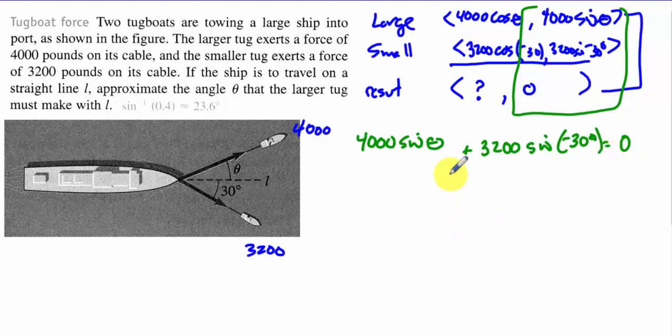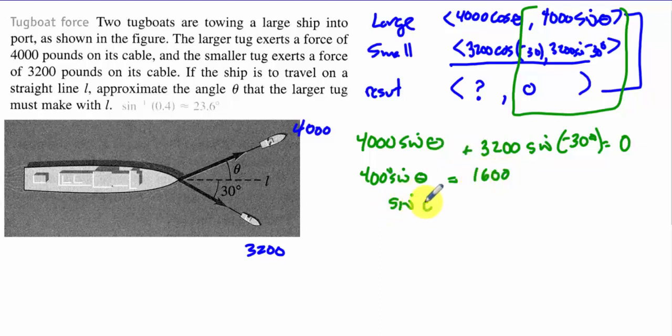So in that case, what I can do is basically just add all this stuff up. I've got 4,000 sine theta equals... sine of 30 we know is a half, but it's negative in this case because it's negative 30. So that makes this 1600 of the negative type. I bring that over, it's positive 1600.